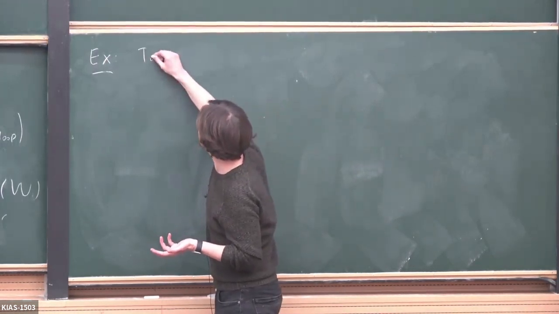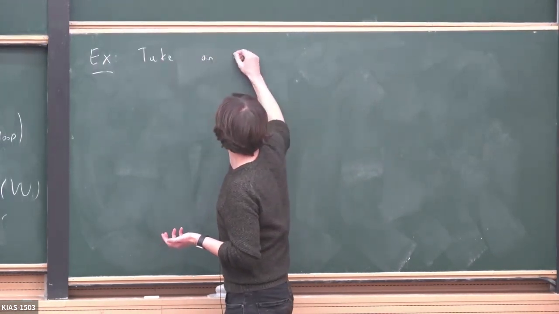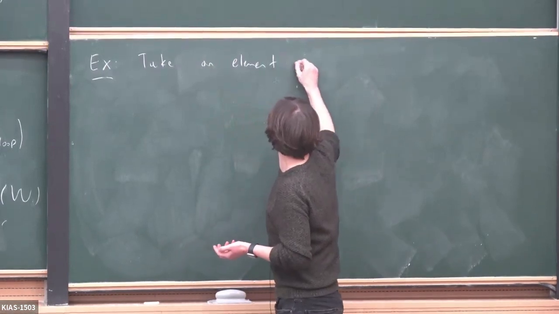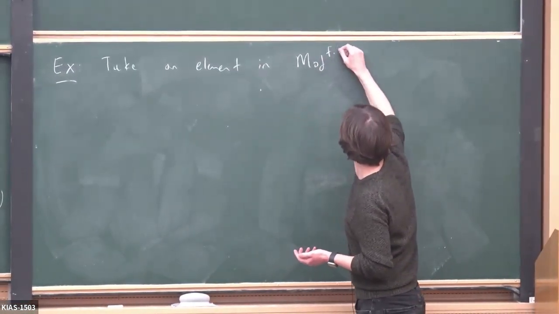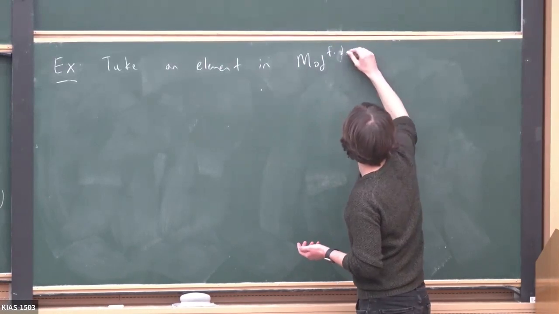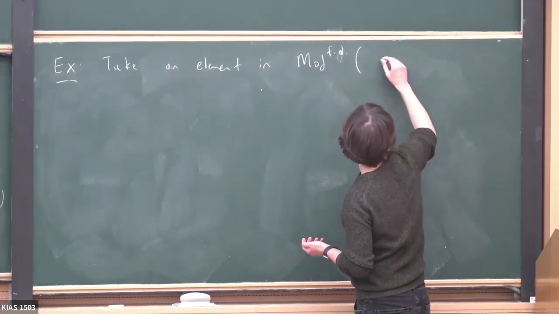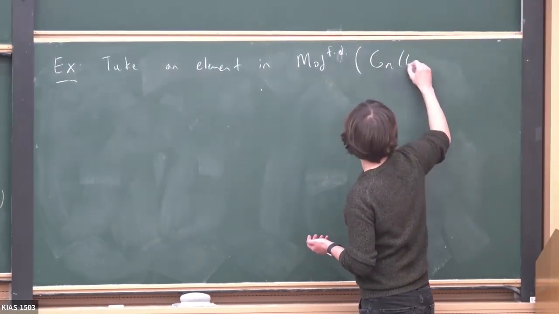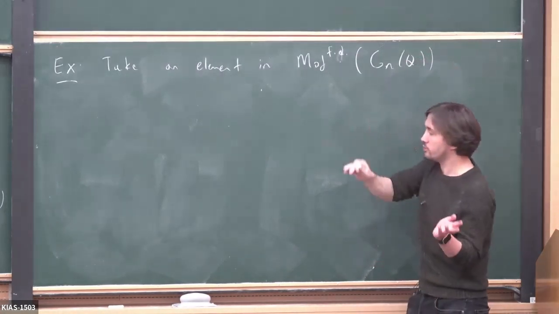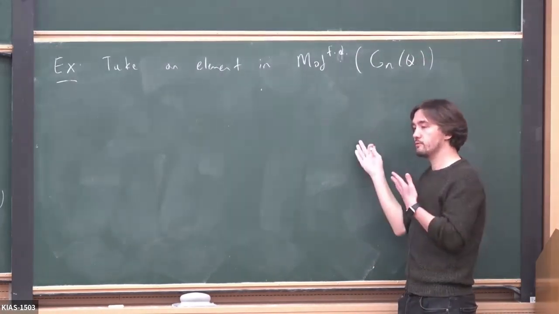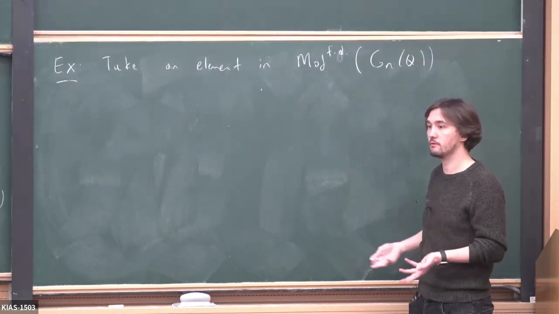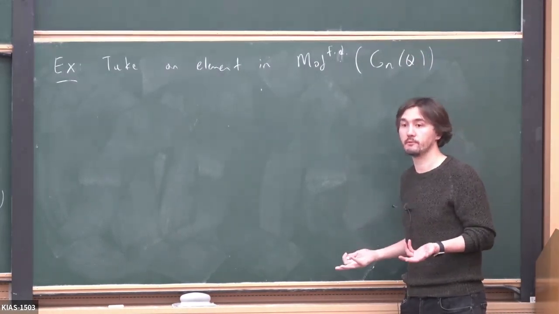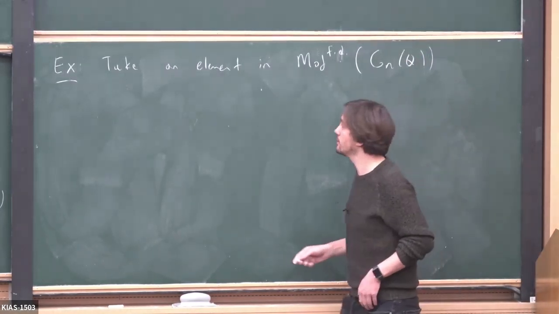Let's say take an element in mod of the Ginzburg algebra. So I know any compact Lagrangian gives you a finite dimensional module. So now I'm taking a finite dimensional module, and how can I see this geometry if it's a geometric object?